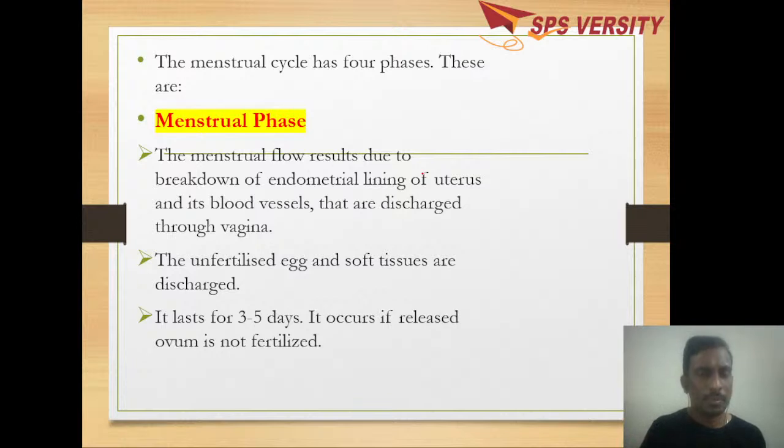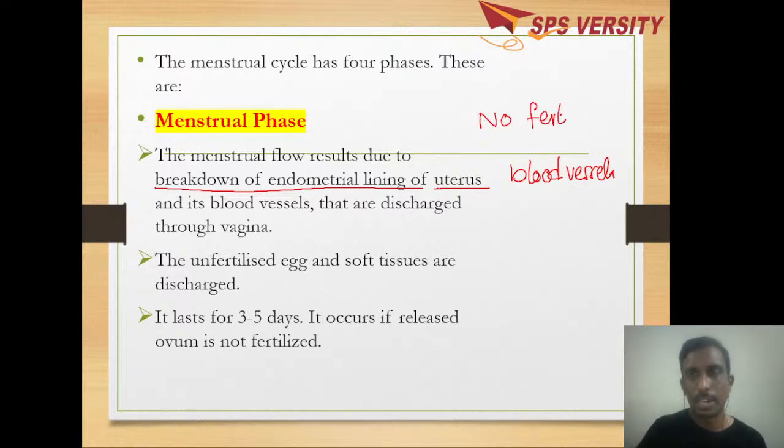In this menstrual phase, we can see there is a breakdown of the endometrium, which is rich in blood vessels. Menstruation takes place when fertilization doesn't occur. When there is no fertilization, the endometrium of the uterus will rupture, and it leads to bleeding.